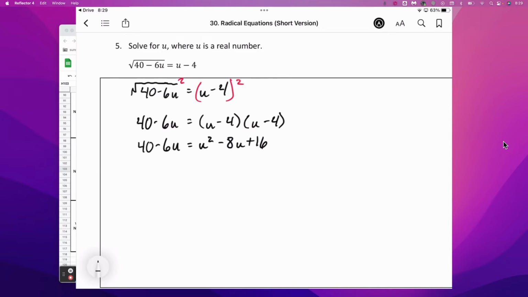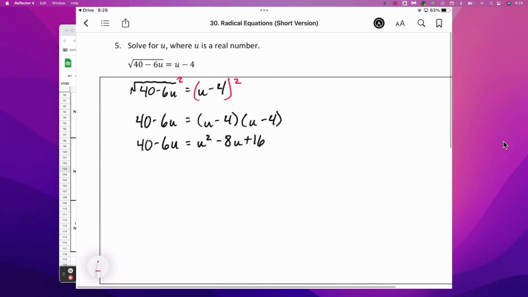So moving on, we do see that this is a quadratic. We do have a u squared. And so our goal is going to be the same as it was in the last problem, to set this equal to 0, and then factor it, and then find what values would produce a true equation. So we're going to go ahead and add 6u.